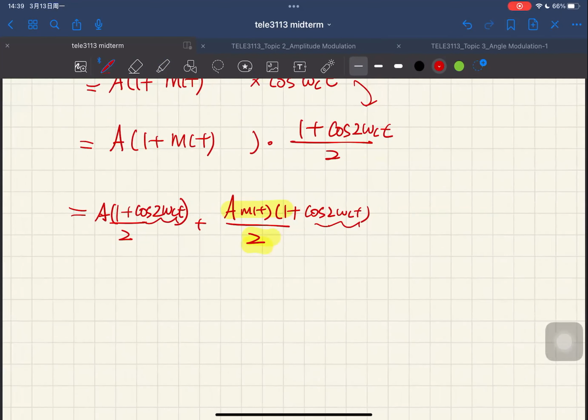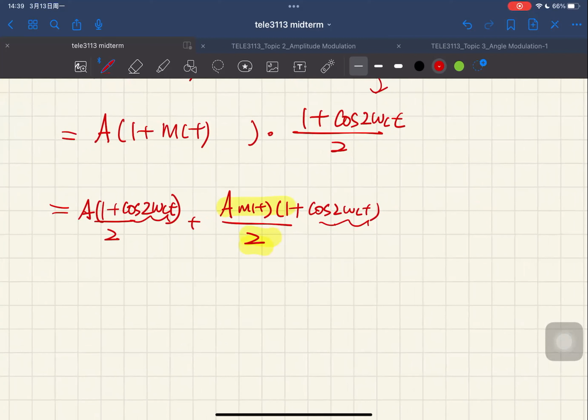Anyone got a question? Yeah. What would be the cutoff frequency? We have to look at the specific cases, but in these cases we have to let our cutoff frequency be at least greater than your message signal frequency, but smaller than 2 omega_c, because we want to get rid of the 2 omega_c component but keep our message frequency.